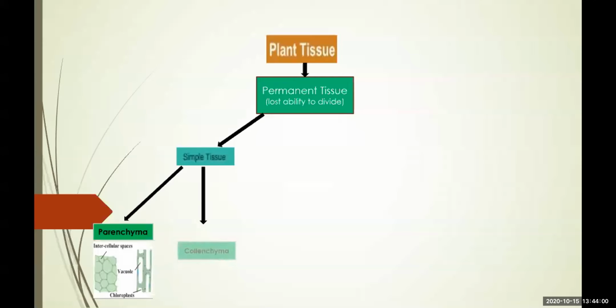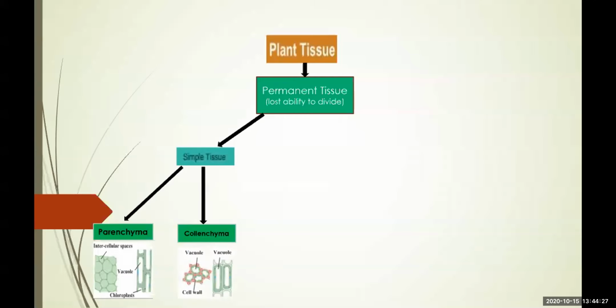Next tissue type is collenchyma cell. These are slightly elongated cells. It also contains rich cytoplasm, but the cell wall is slightly thickened as compared to parenchyma cell due to deposition of cellulose and pectin.